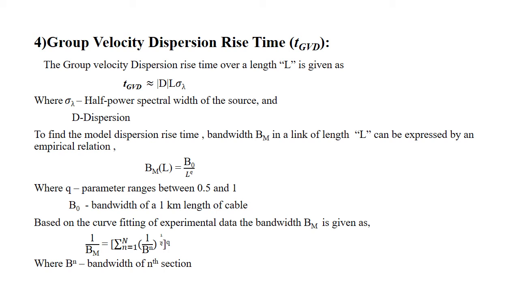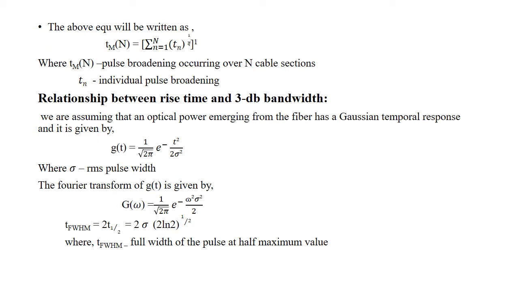So this will be given as Tm of N is equal to summation n equal to 1 to N of tn to the power 1 by q, the whole power q. So that is Tm of N is the pulse broadening occurring over N cable sections and small tn is the individual pulse broadening. So this will be given as the equation.